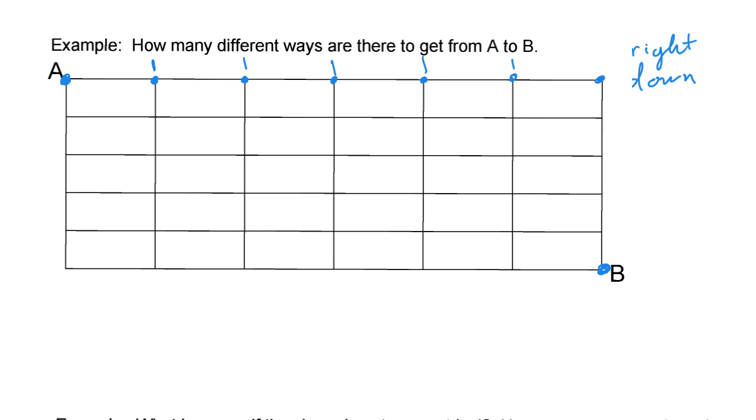So there's only one way to get there because you can only go right every time you move down the line. Okay? So now, if we're going down, each one of these points going down is also 1. Think of them as intersections at a city street. There's only one way to get there.